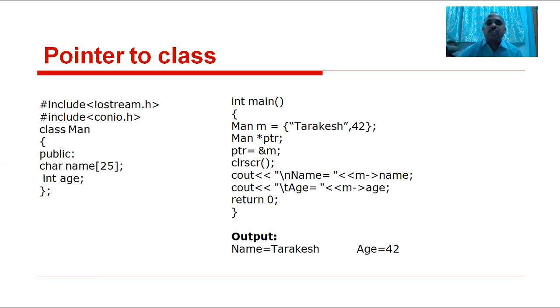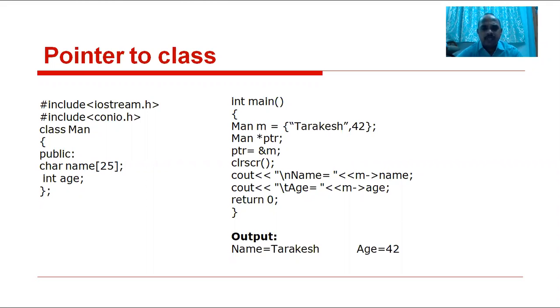Remember these two points: a pointer is a variable that holds the address of another variable, and a pointer object is also an object that holds the address of another object. That's enough for pointer to class. So this is an example program for pointer to class.